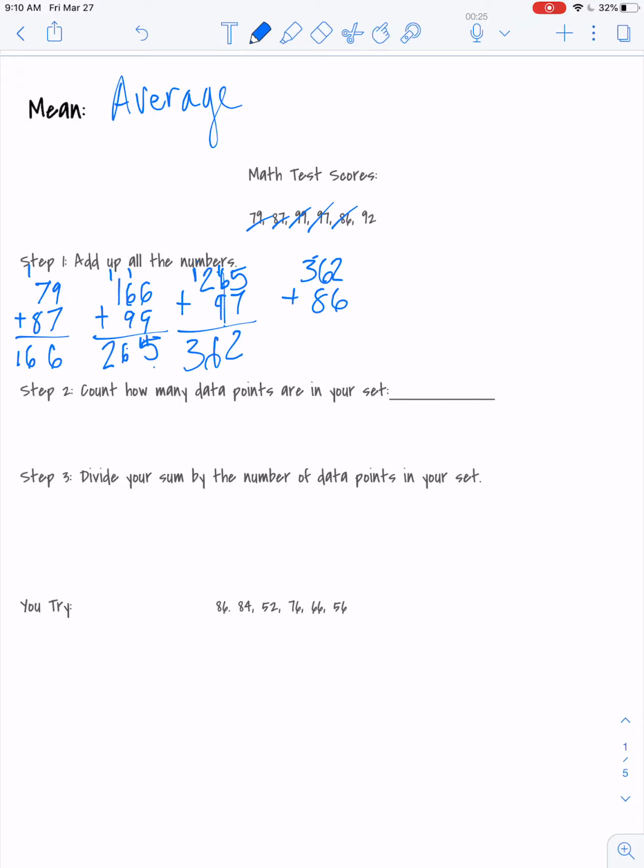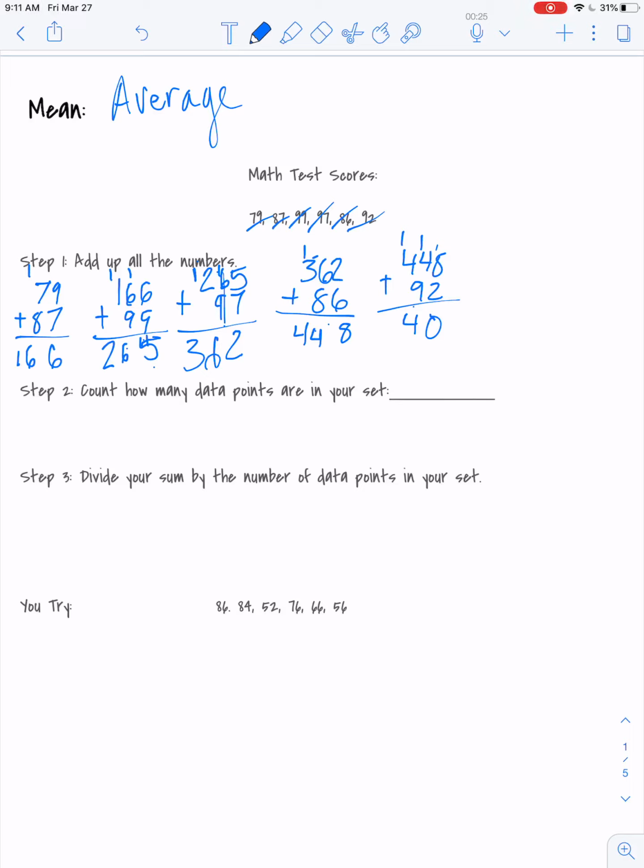So we take 362 plus 86. We get 2 plus 6 is 8. 6 plus 8 is 14. 1 plus 3 is 4. So we have 448 plus 92. 8 plus 2 is 10. 1 and 9 is 10. 14.